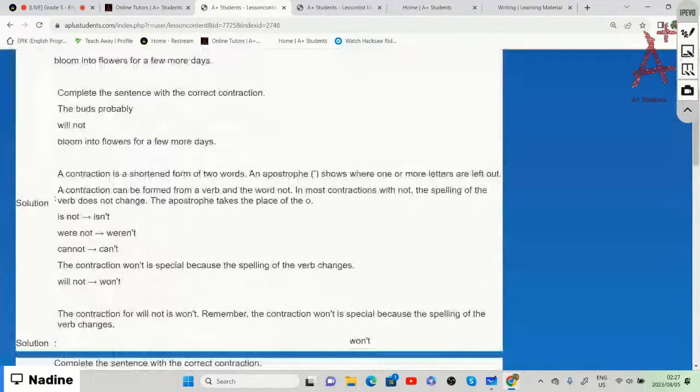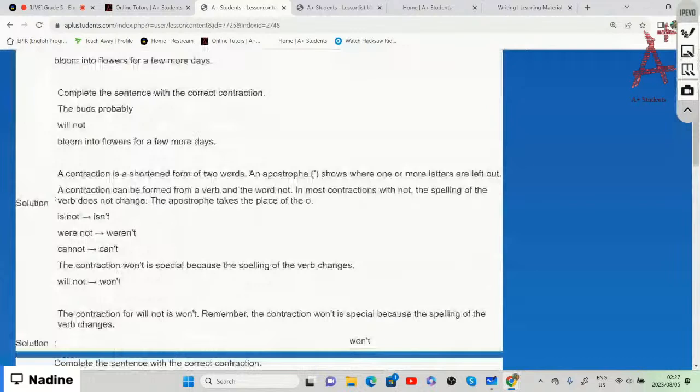Then we have were not, which is weren't. Then we have cannot. I cannot do this, and then we say can't, with an apostrophe and a t.